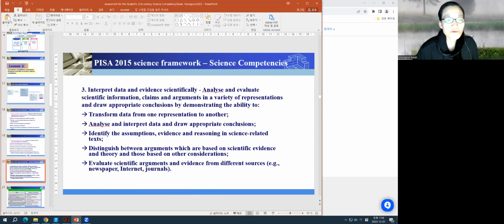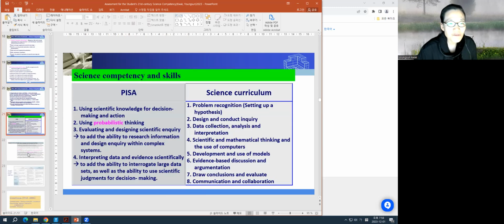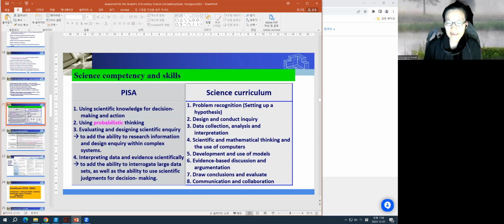The third one is interpret data and evidence scientifically. Can you see here? In the PISA framework, they are assessing science competencies, or we call science skills, that is the specified version of science competency. So this is the PISA assessment framework.